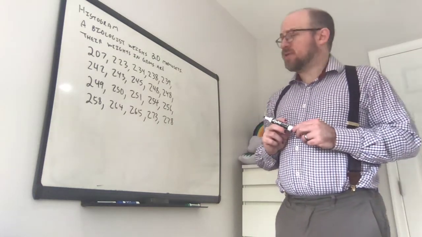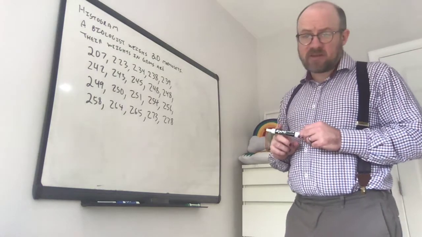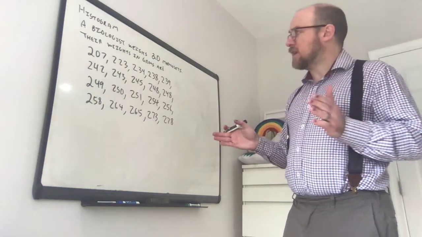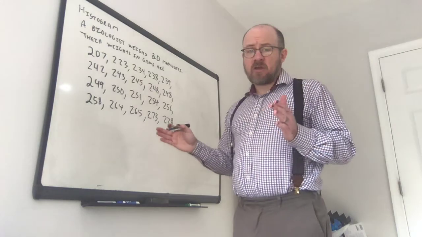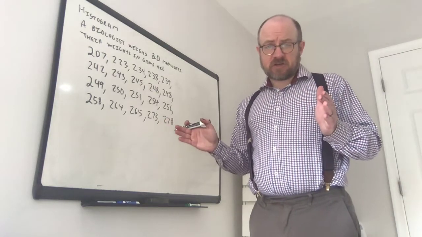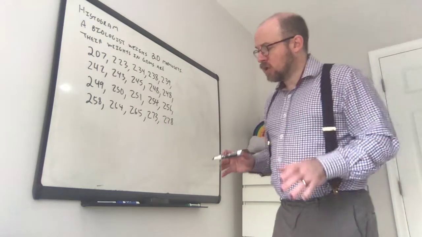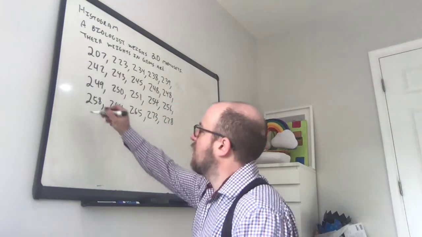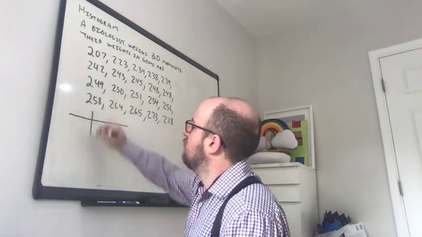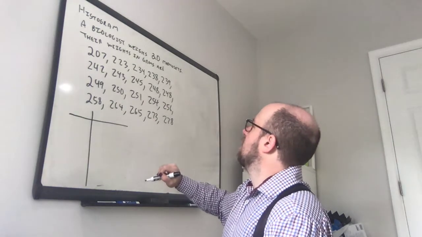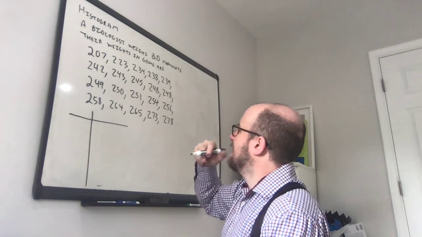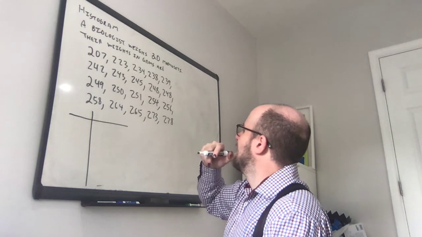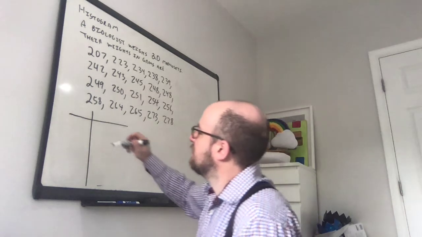So what we're going to do instead is we're going to build a frequency table where rather than looking at the frequency of just one particular value, we're going to look at the frequency of categories, okay? And so we're going to split this up into, well, let's say 8 categories.